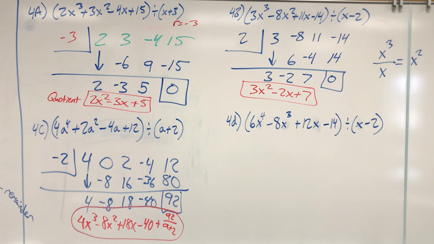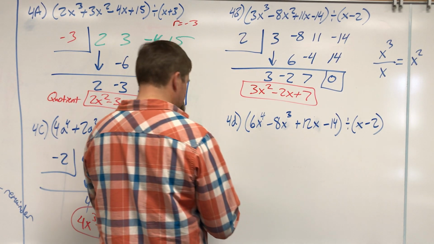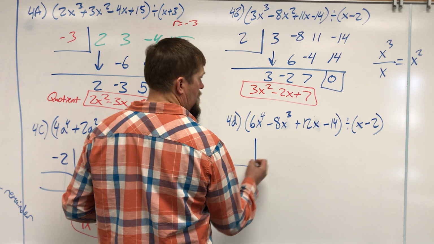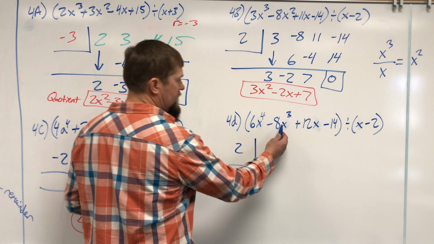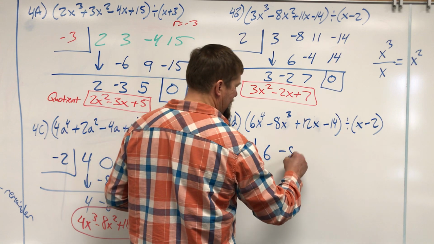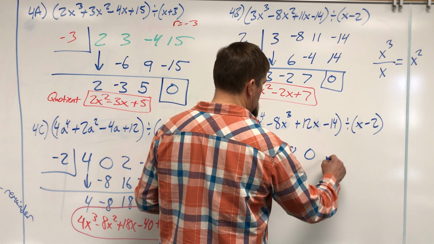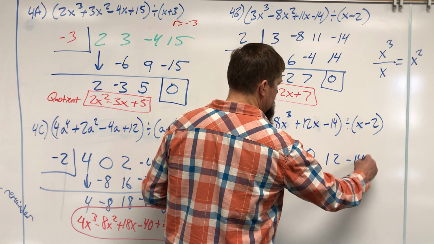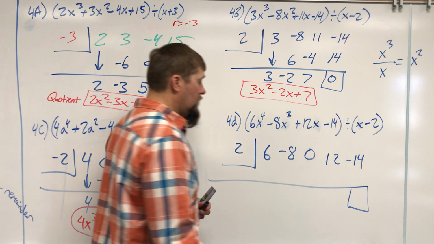Okay, let's go with the last one here. Again, same exact process. Positive 2, I've got a 6. This time I have a cubic, which is negative 8, but I do not have a quadratic. So that's 0, 12, negative 14, line, remainder.